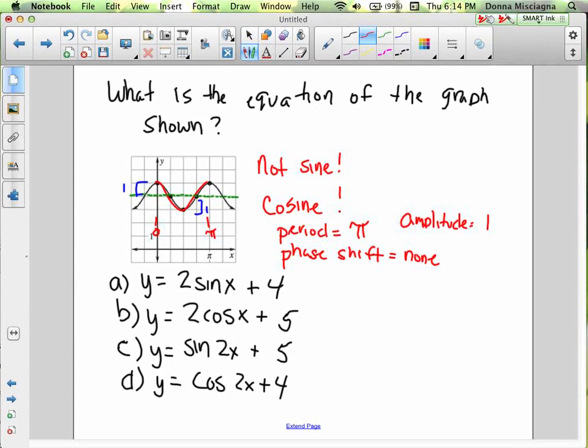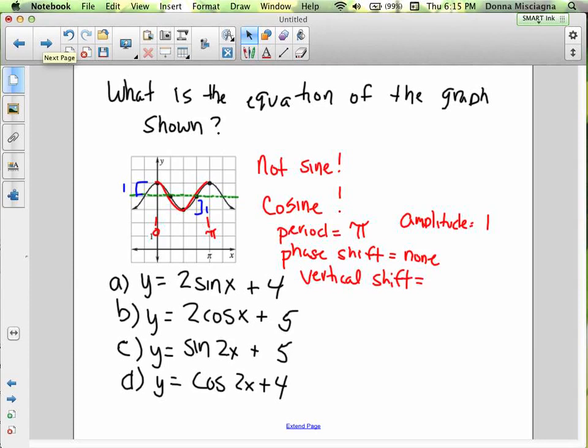How about a vertical shift? The easiest way to figure it out is take a look at this. This is where your old midline is. This is y equals 0. Right? So before the graph has been vertically shifted, it's obviously vertically shifted because it's not oscillating around 0 anymore.